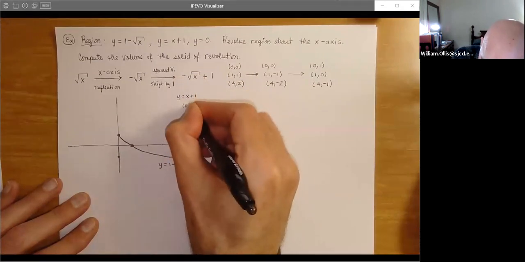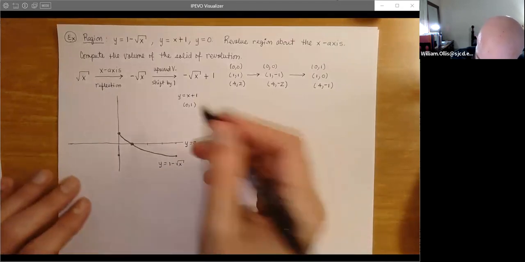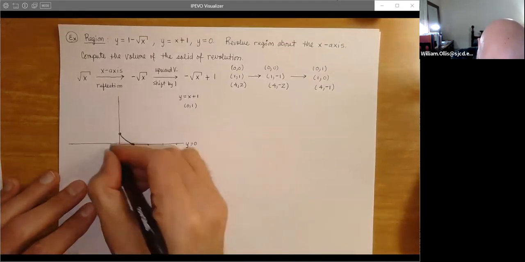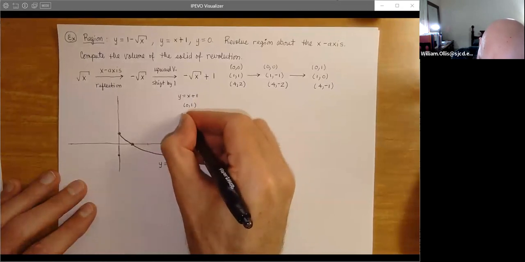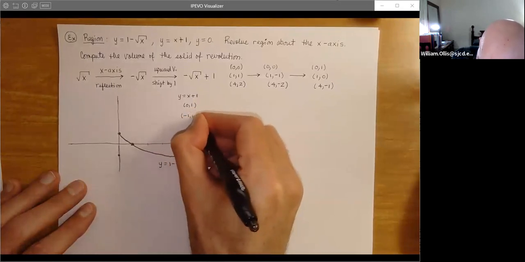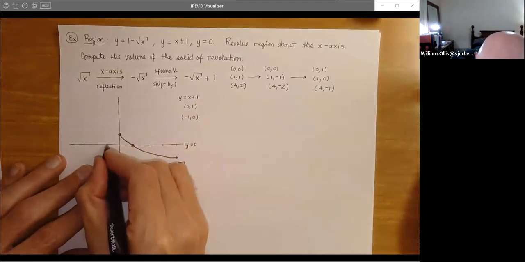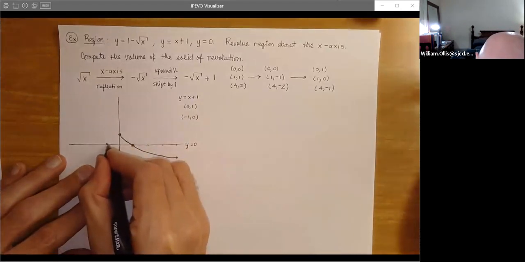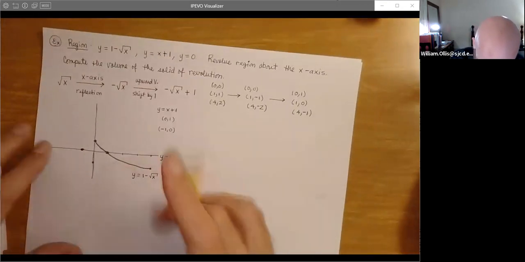So we have (0, 1). And while we're at it, let's put in a -1, just to see where we intersect the x-axis. So we have (-1, 0). I'll go ahead and move this over right here. So we see that the curves intersect at one point, but that's it.